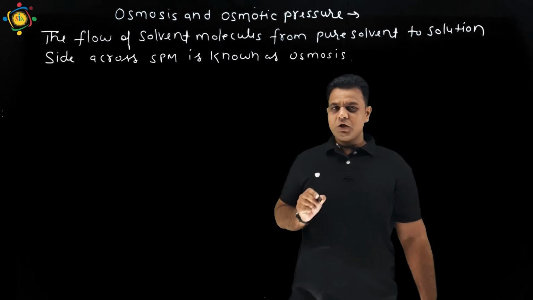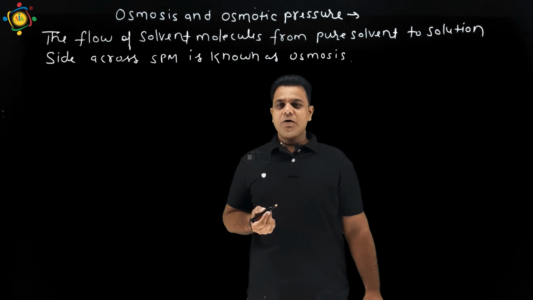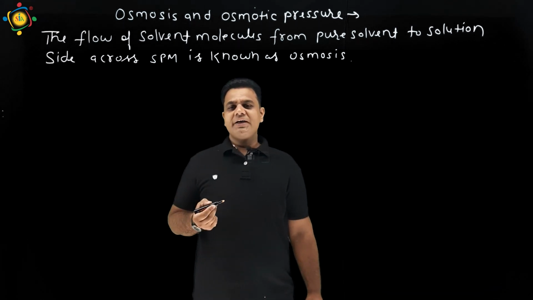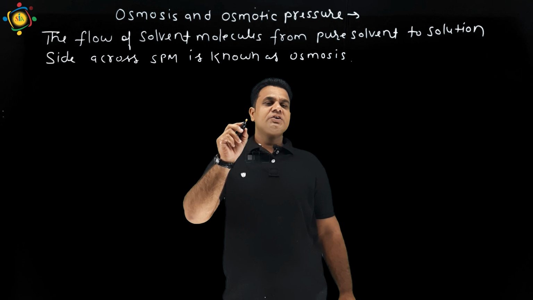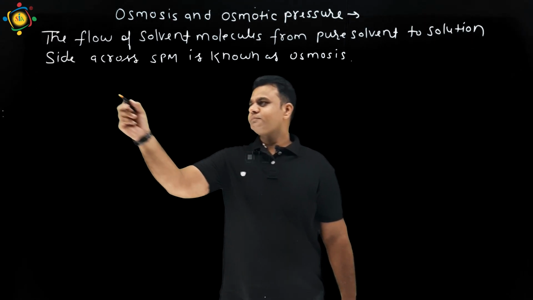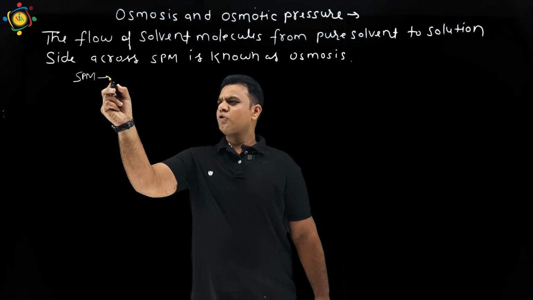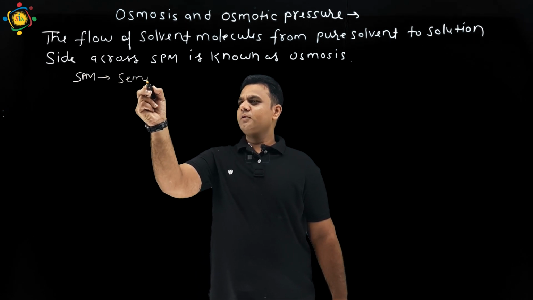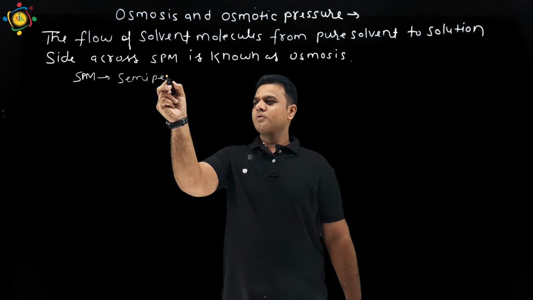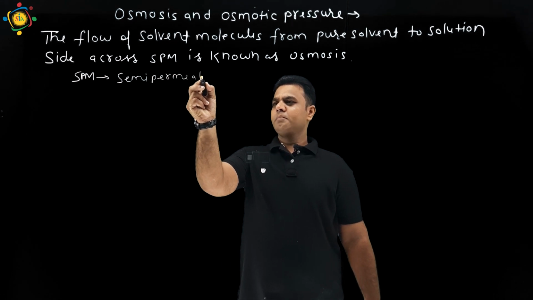So students, the osmosis phenomenon occurs by using SPM. SPM is a special type of membrane known as semi-permeable membrane.